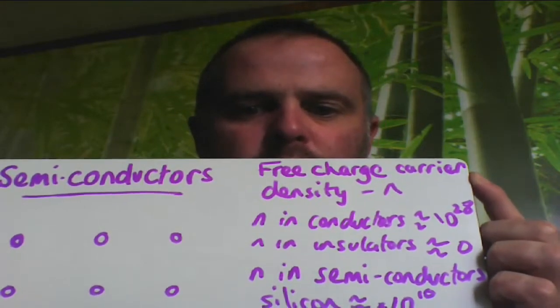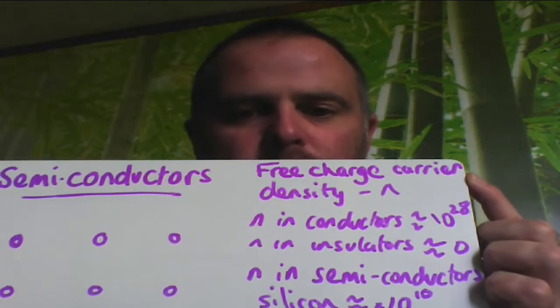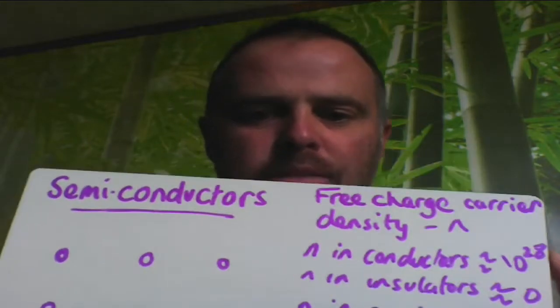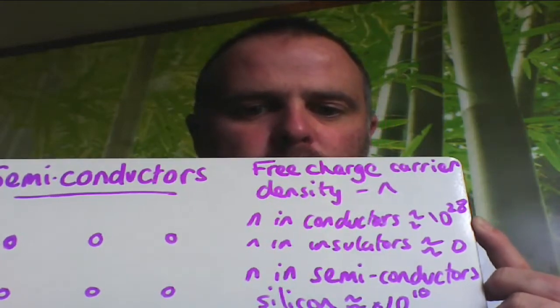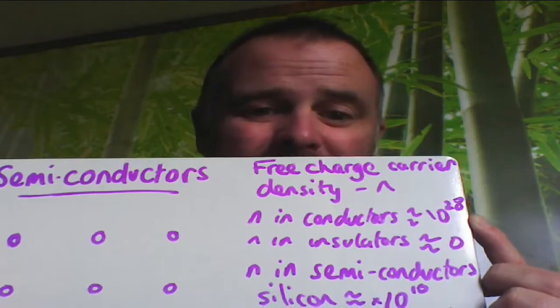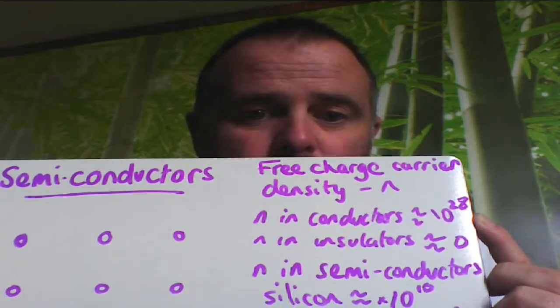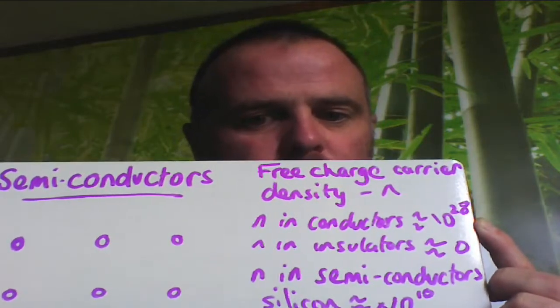It's how many free charge carriers we have in a material per cubic meter. So this number is usually massive. In a metal, we're talking about somewhere around the region of 10 to the power of 28. So that's billions upon billions per cubic meter of metal.